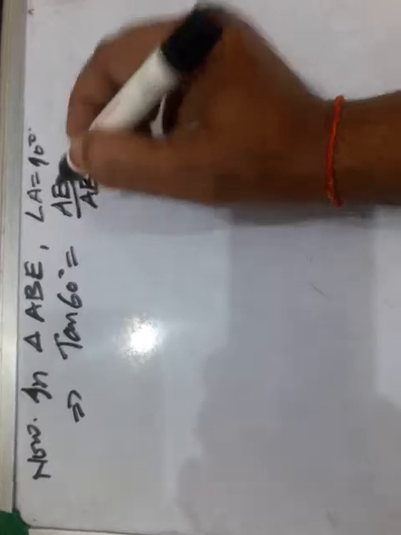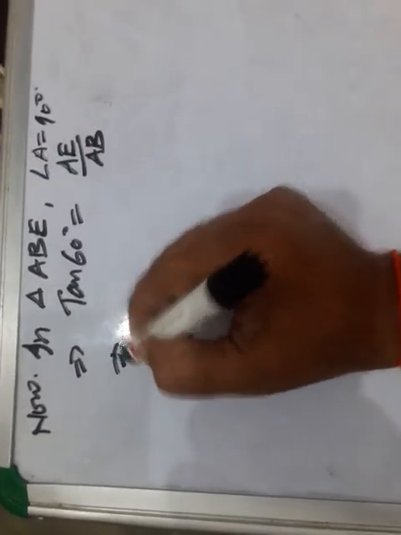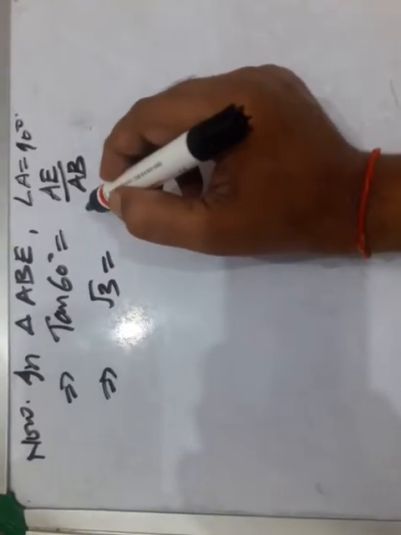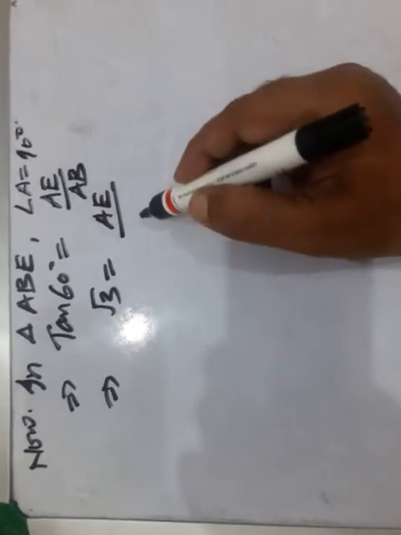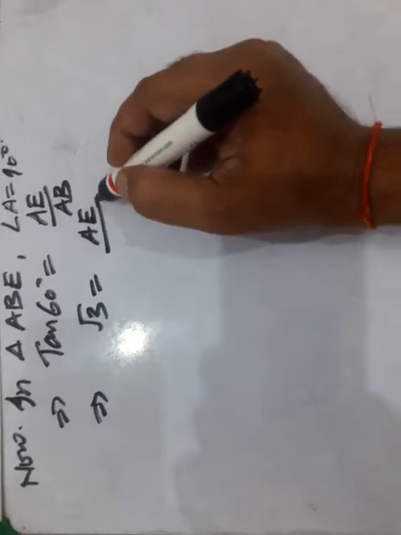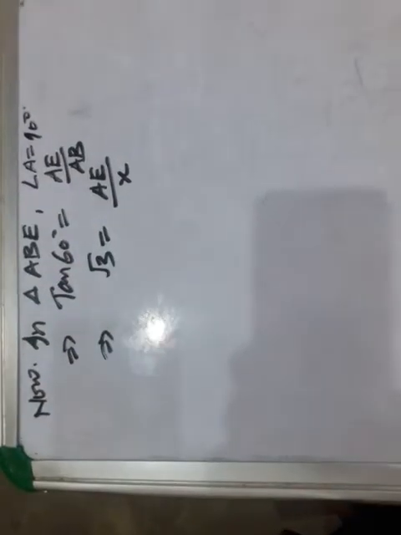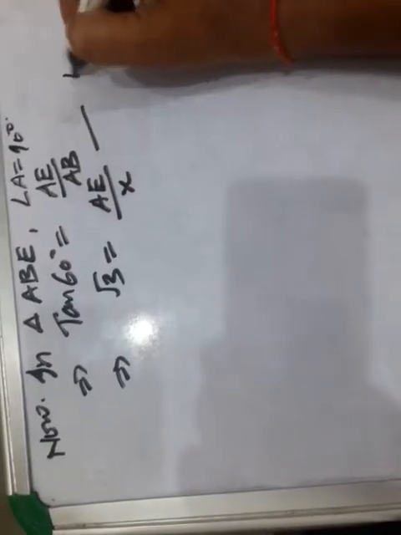Okay children, right? AE upon AB. This implies that tan 60 equals root 3 equals AE upon AB. AB we have assumed to be X. Clear? Root 3 equals AE upon X. Right children, let it be equation number 1.